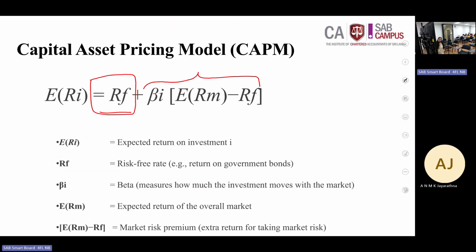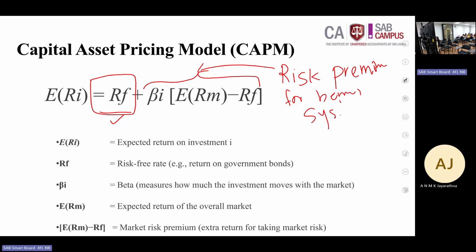This is the risk-free return, and this is the risk premium. What do you mean by premium? Premium for bearing which risk? Systematic risk. Why should we give a risk premium for bearing systematic risk?